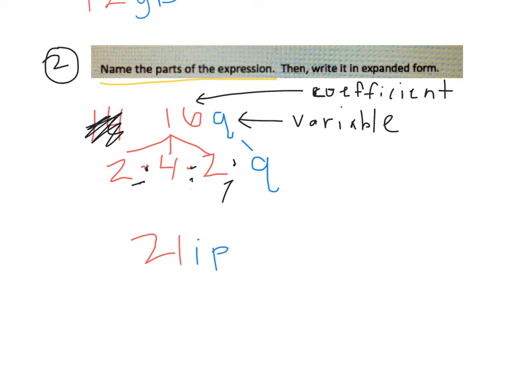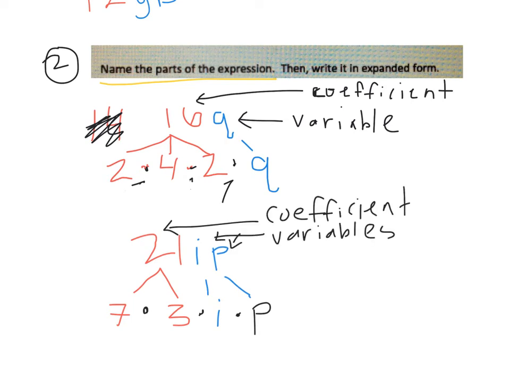So if you have 21IP, you could break that up by saying 7 times 3 times I times P. And again, coefficients and variables.